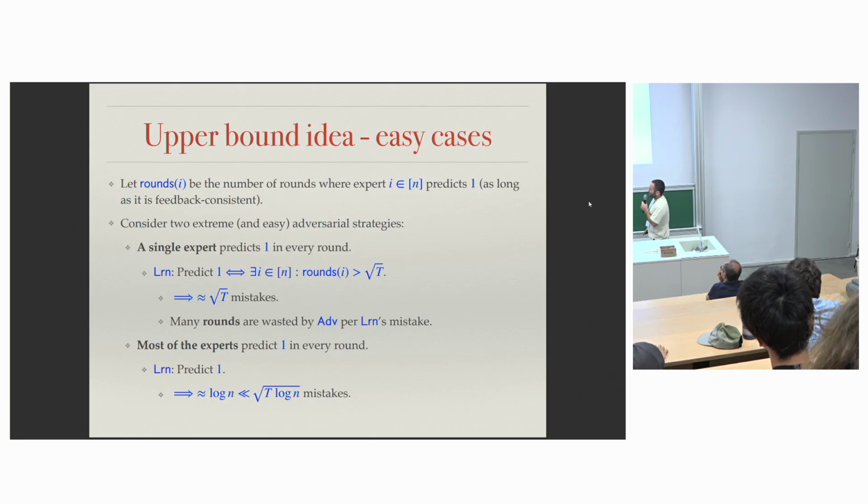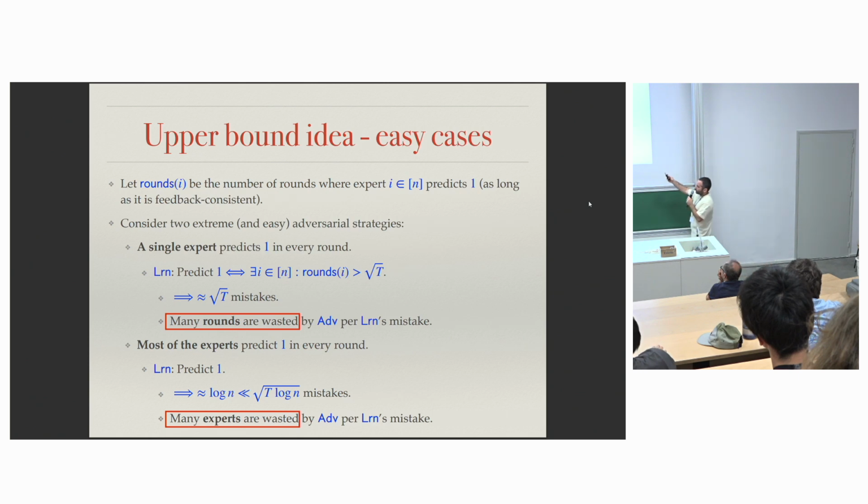And this guarantees at most log n many mistakes. In this case, the adversary just spends 1 round on every mistake of the learner, but it wastes a lot of experts. So in the first extreme, it wastes a lot of rounds, and in the second extreme, it wastes a lot of experts. And we can handle both of them pretty well.